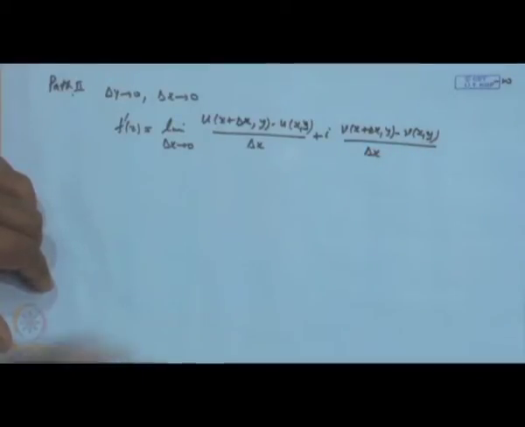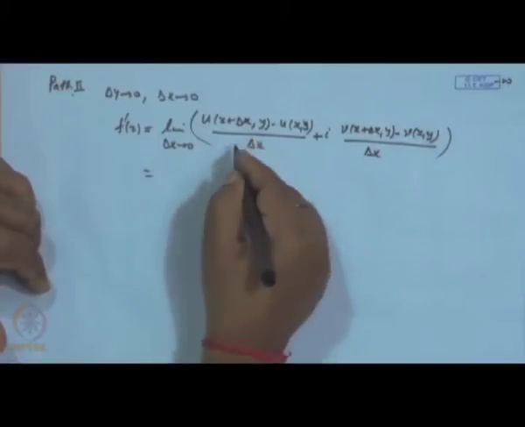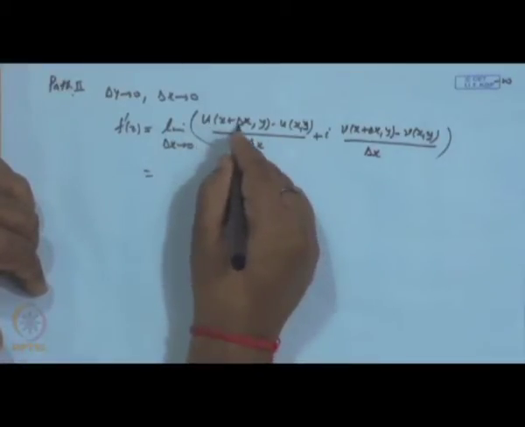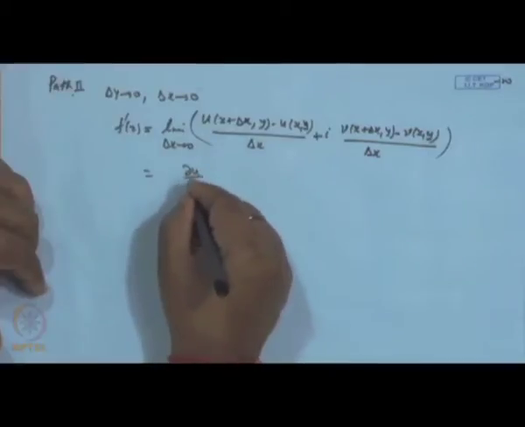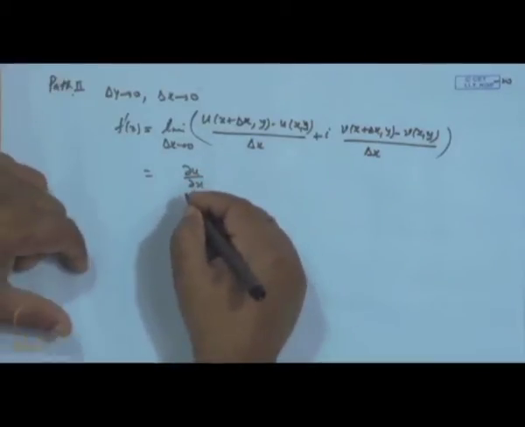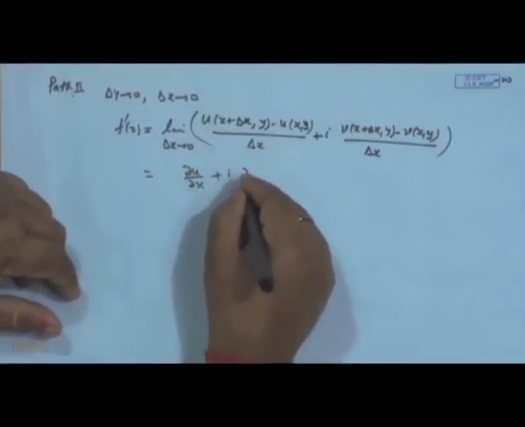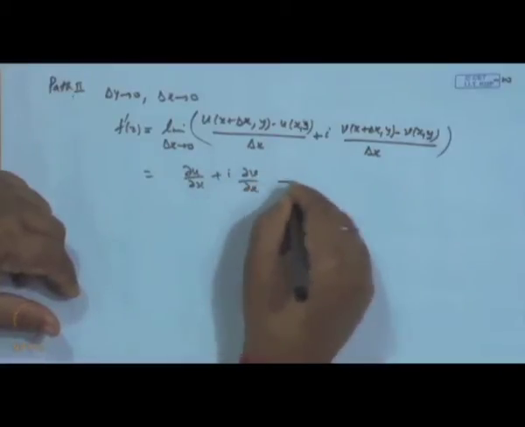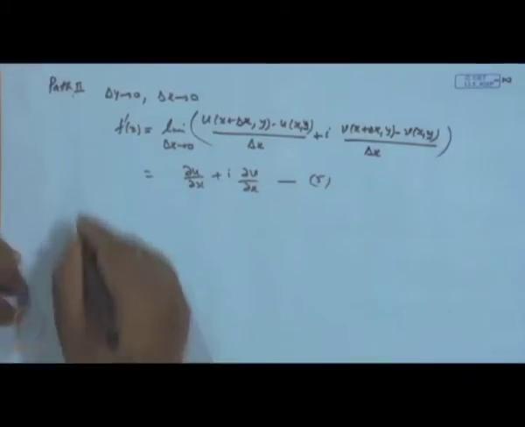So again when you take the limit, this is the partial increment in x. It will give del u over del x, and this will give i times del v over del x. This is fifth.